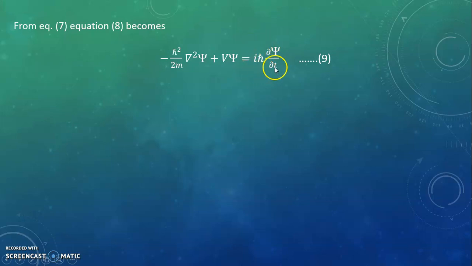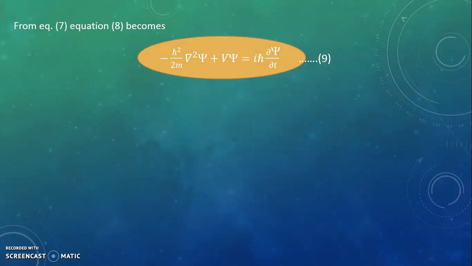Here we have put the value of Eψ, which we have already calculated. Again I am repeating: minus ħ squared upon 2m del squared ψ plus Vψ is equal to iħ ∂ψ upon ∂t. Let's call this equation number 9.